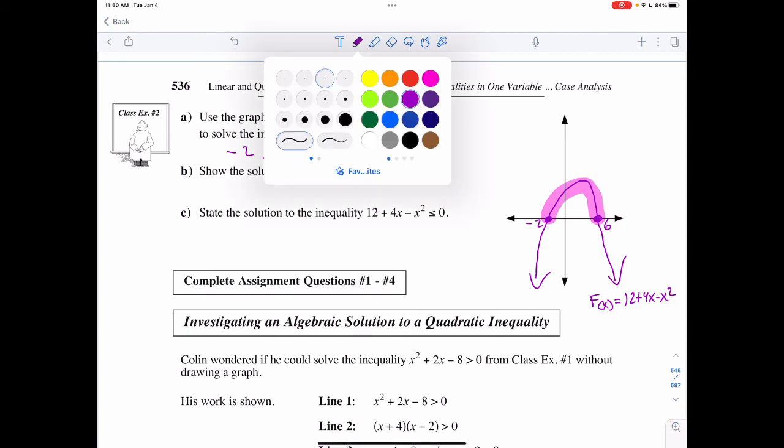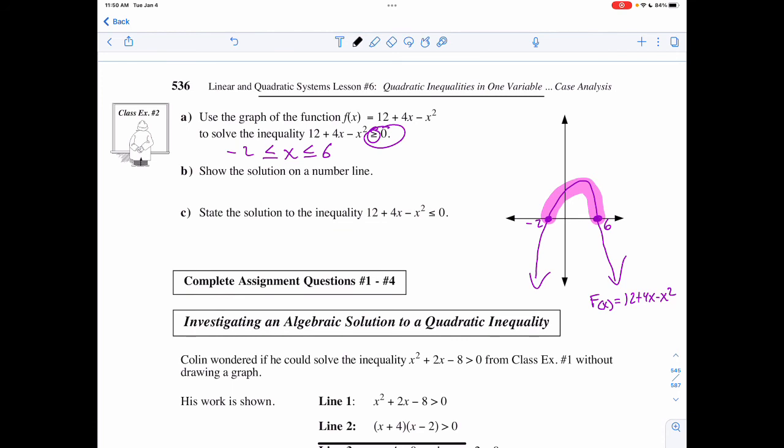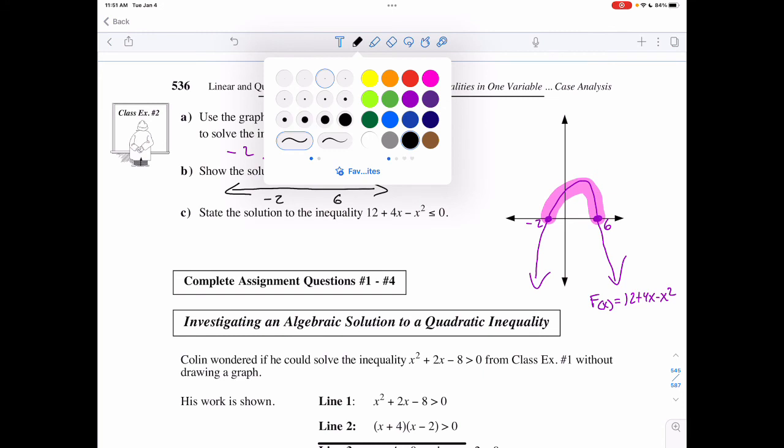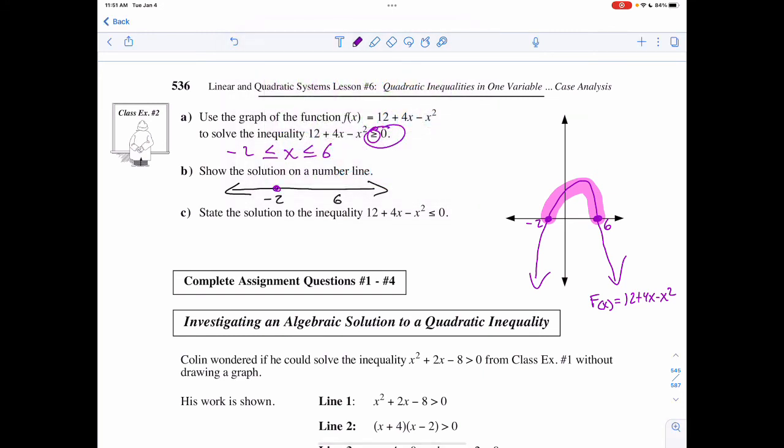I can draw this out on a number line as well. Having the points of -2 and 6, I've got to remember to draw solid dots to indicate that it's equal to, and I'm going to shade in between those 2 points.